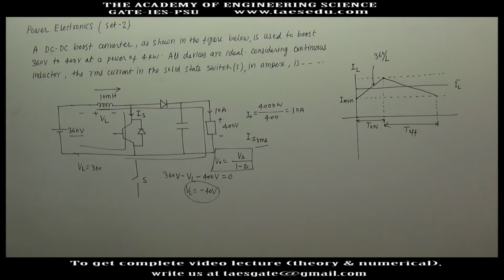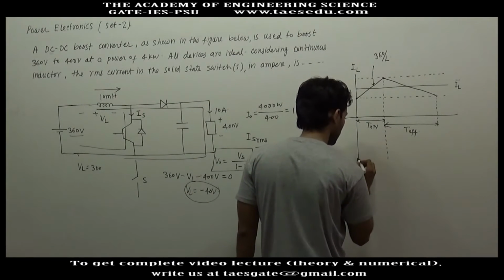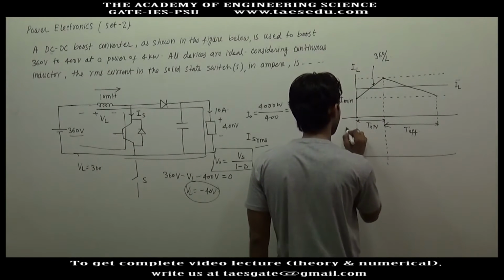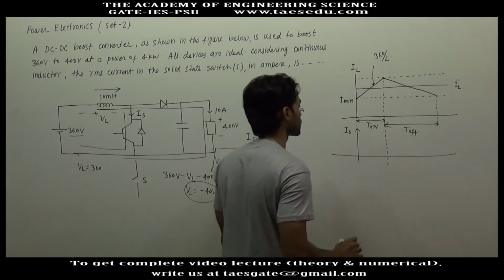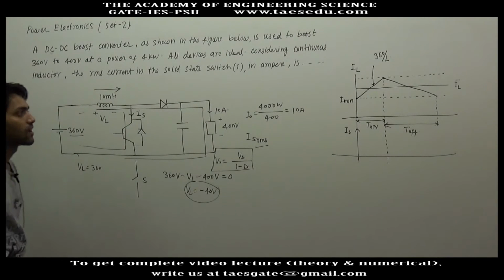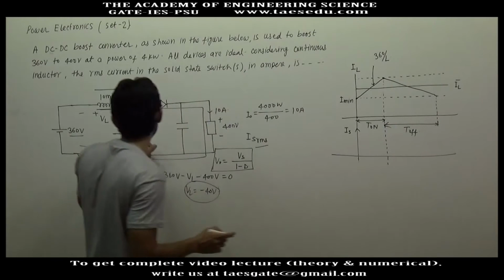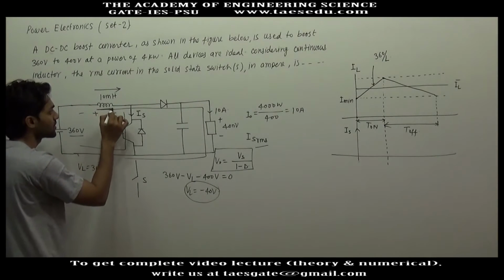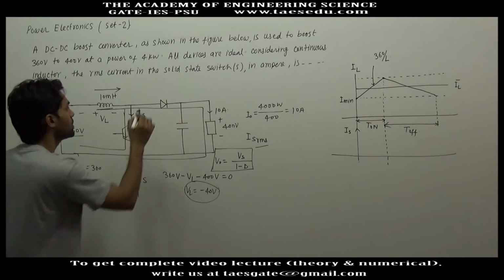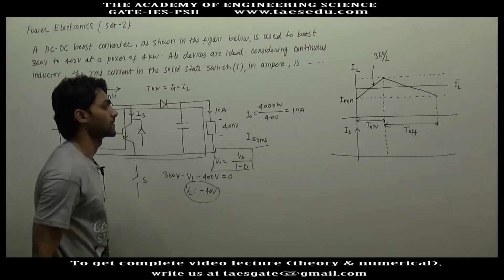Now if you are interested to draw the graph of switch current IS, the current will flow through the switch only when the switch is connected, and the switch is connected for the duration of T on. When the switch is connected, inductor current takes the path of the switch only. So during the duration of T on, switch current is nothing but inductor current.